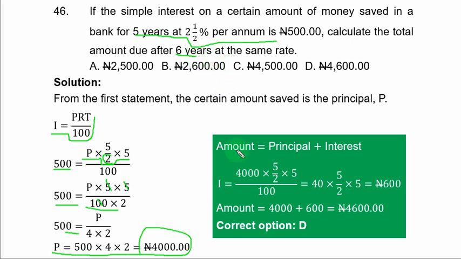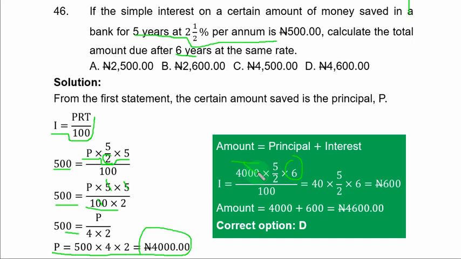So interest is principal 4,000 times the same rate 5 over 2, but the time in this second part is 6 years.